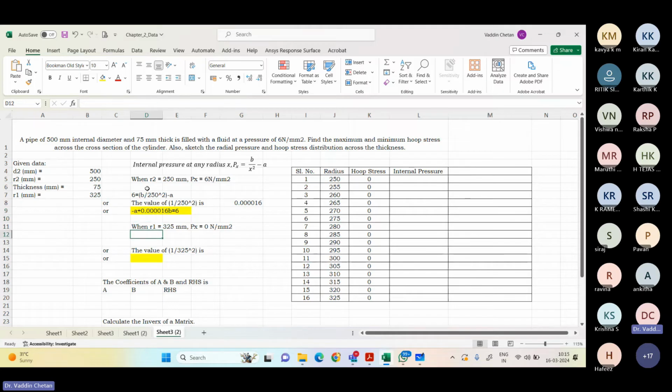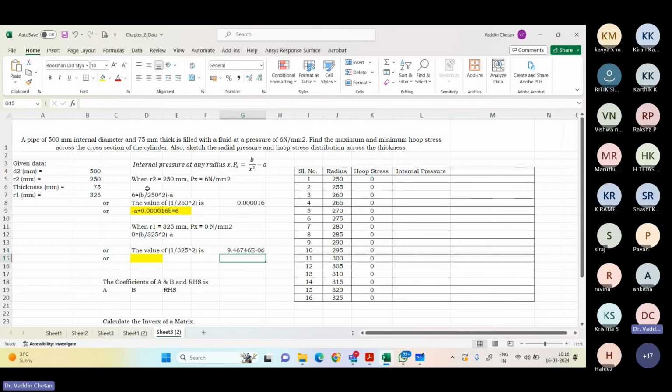And the second equation is: when R1 is equal to 325 mm, P is equal to 0. So if you substitute that, 0 is equal to B divided by 325^2, minus A. And I need to calculate the value of 1 by 325^2.